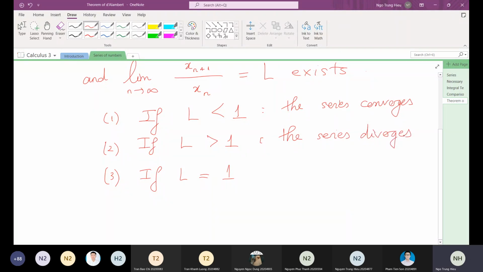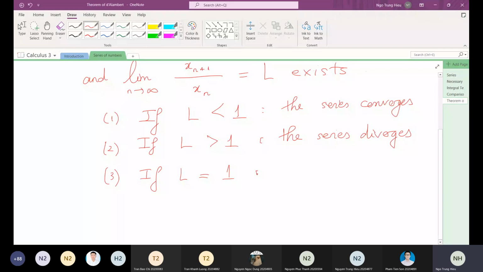So these theorems can be proved, and you can read the proof in the lecture notes. I don't have enough time to cover the proof, so I'll let you read the proof in the lecture notes by yourself.